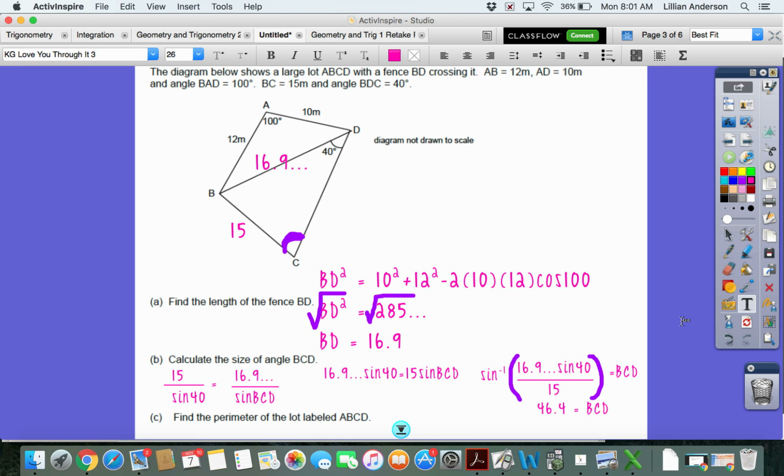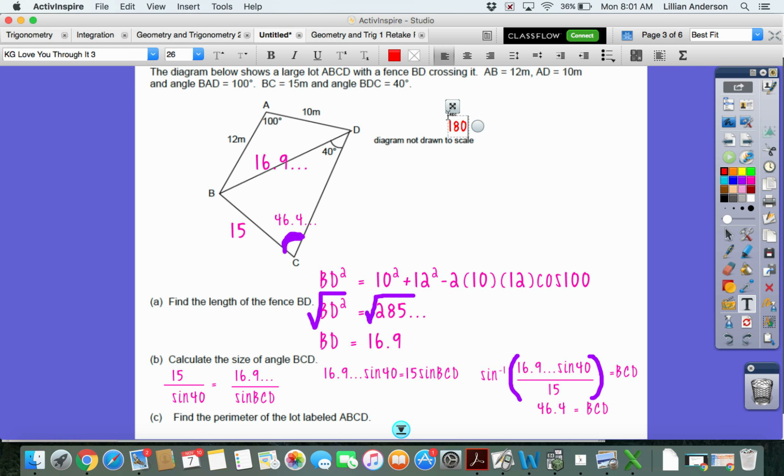And lastly, to find the perimeter of the lot ABCD, we basically need to figure out what this side length is over here. Now, knowing that this angle is 46.4 and the change, we can figure out this angle over here, angle DBC, by adding these two up and subtracting it from 180. So I'm going to change colors real quick.